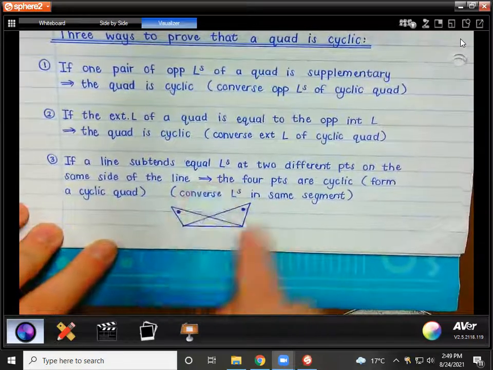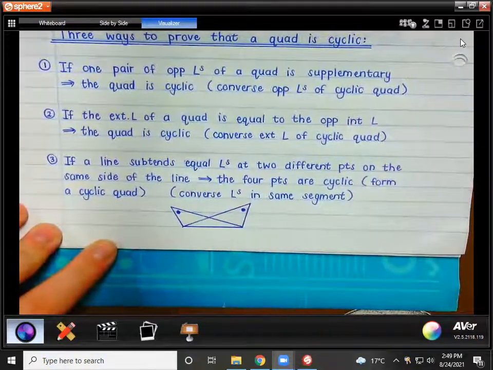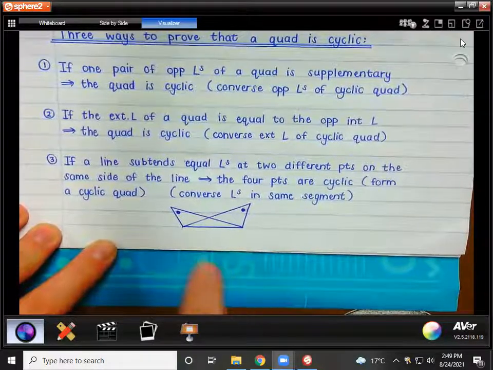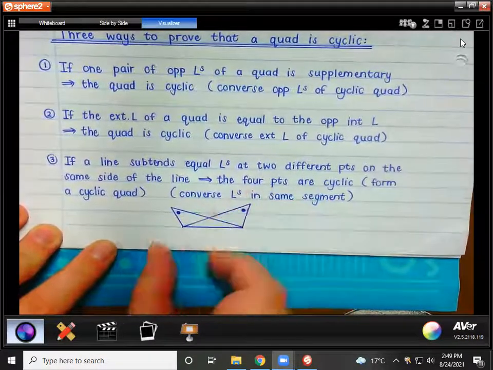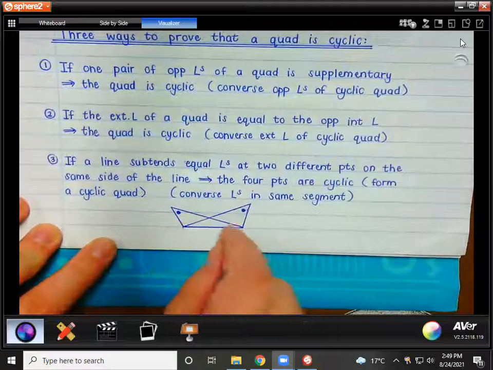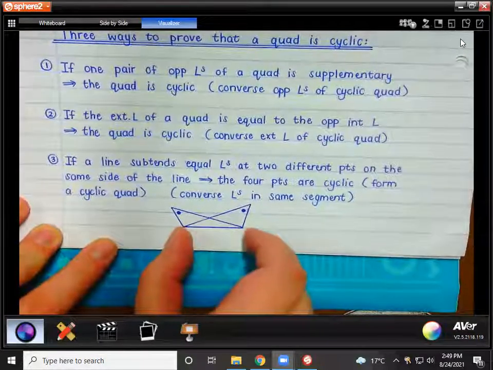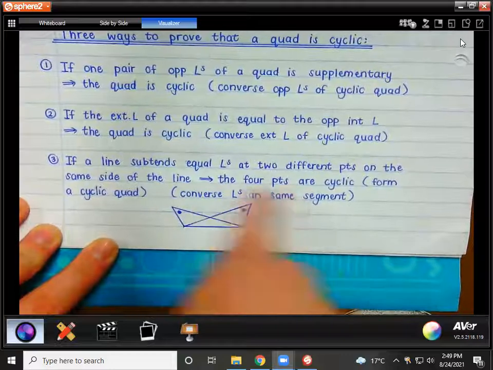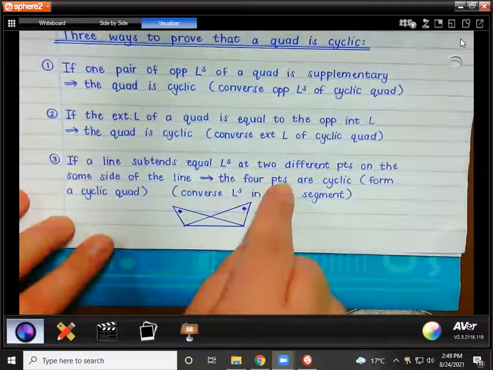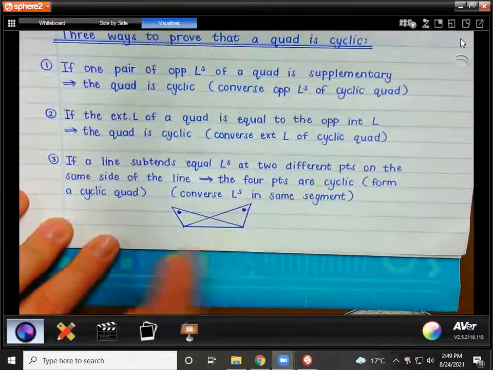So if that happens, do we agree that this looks like an angle in same segment situation, where you have this line subtending two angles that are equal? Now guys, the only way for that to happen is if this line is a chord and if these 2 points lie on the circumference of a circle, or can lie on the circumference of a circle. I'm going to say that again.